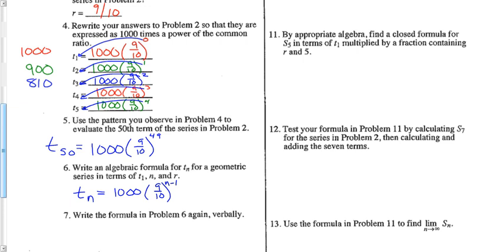So the general formula for any geometric series is going to be T sub n is going to be that first term. That's really where that 1,000 came from. That's my first term, times my common ratio raised to n minus 1. So that's going to be our formula for any geometric series.